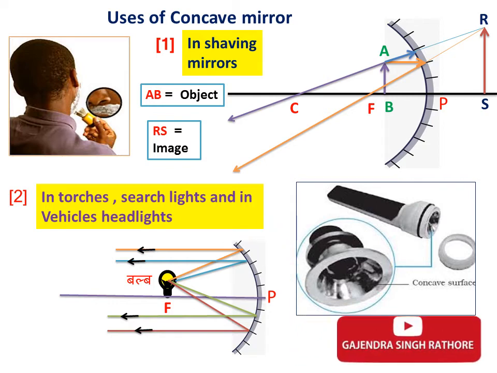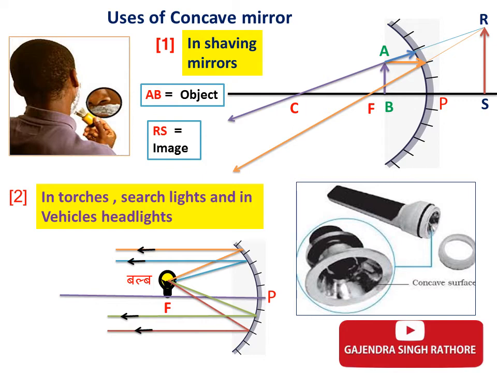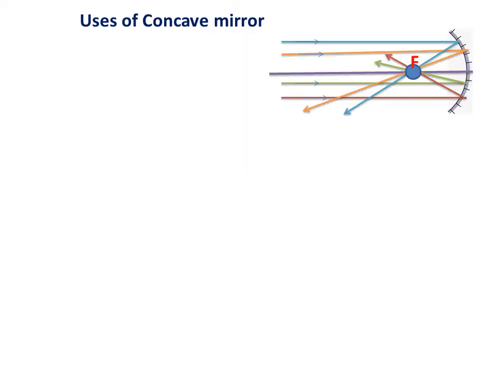Now let me see another use of concave mirror. The third one we can say in solar furnace.